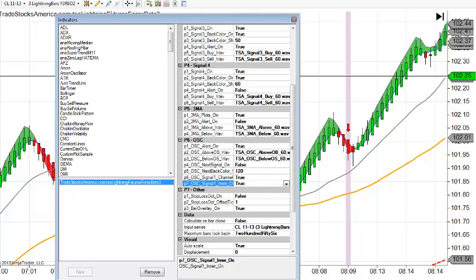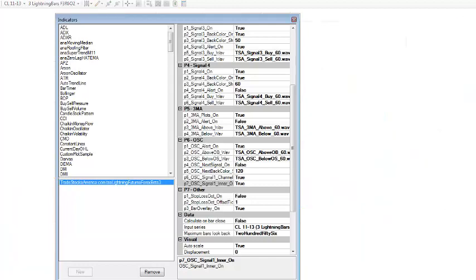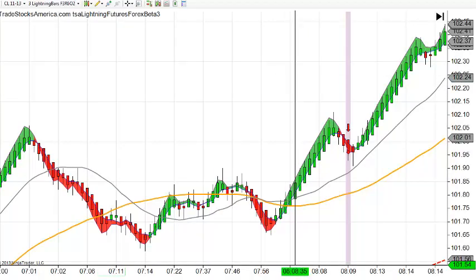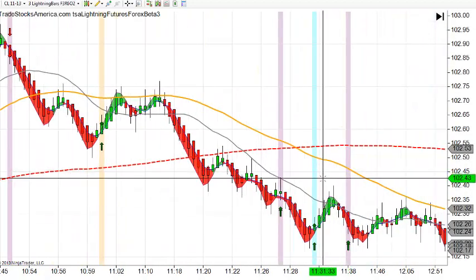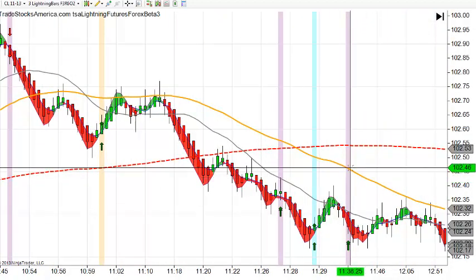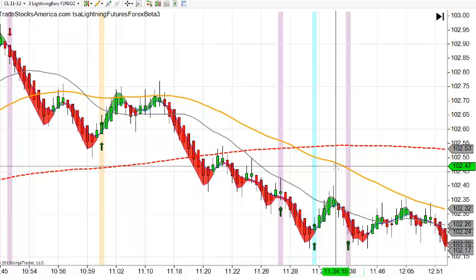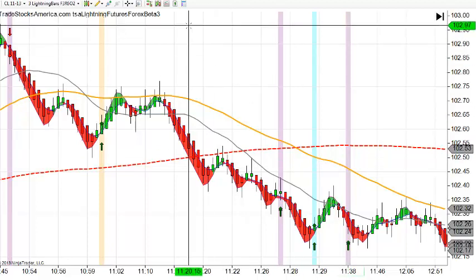And again, it tends to strip out a lot of the signals. Going back to the coloring, see this cyan blue? That's signal number 4. It tends to be areas where the selling is exhausted, where a lot of the sellers have disappeared, or have reduced or subsided.